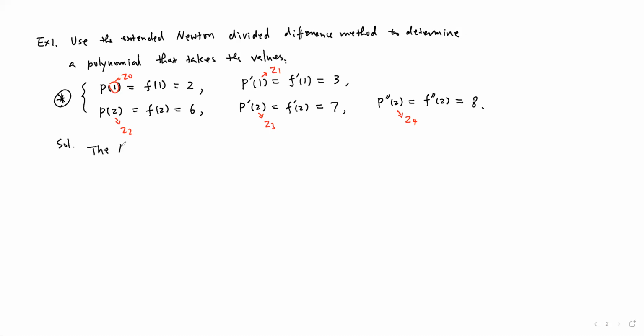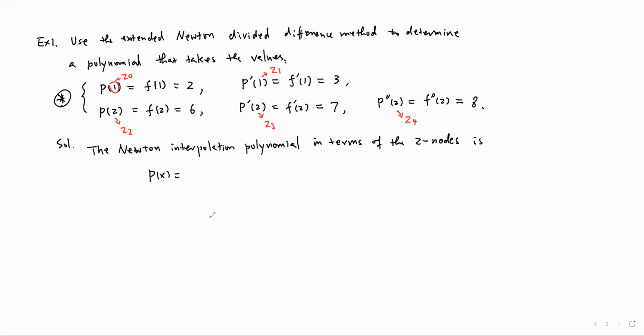Then the Newton interpolation polynomial in terms of these C nodes is this polynomial.